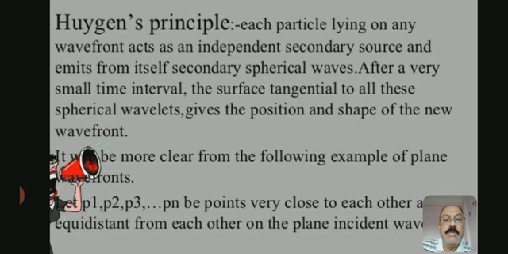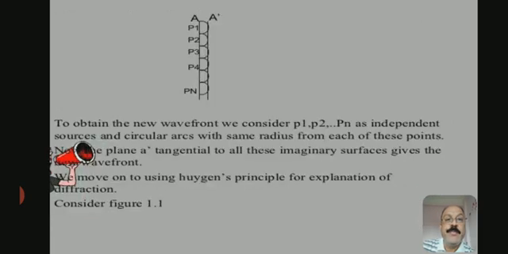Let P1, P2, P3, Pn be points very close to each other and equidistant from each other on the plane incident wavefront. As shown in this figure, P1, P2, P3, P4, denoted as Pn, lie on the plane wavefront.